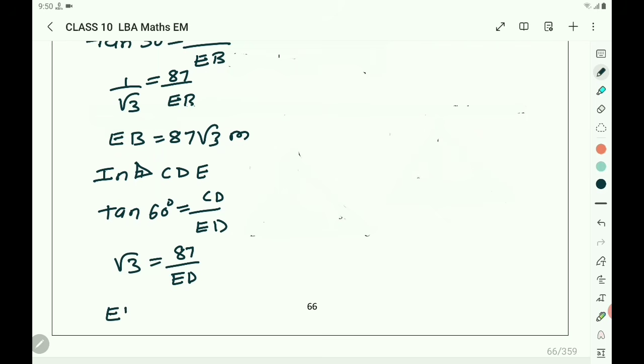As we have to find ED, exchange ED and root 3. So ED is equal to 87 by root 3. 87 can be expressed as 3 into 29, and 3 can be written as root 3 into root 3.